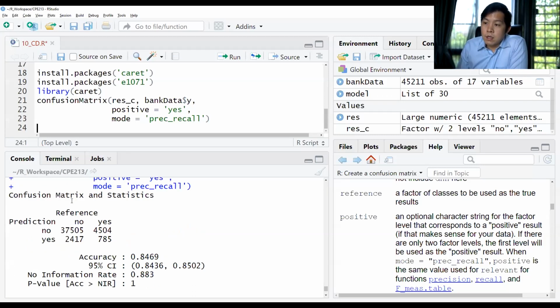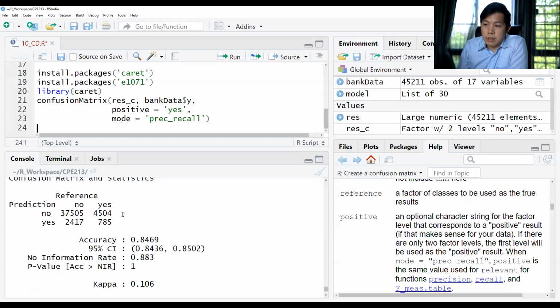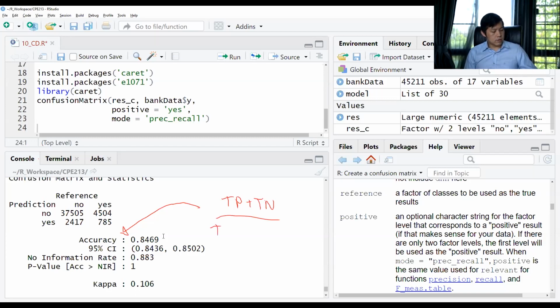For this one, you get the confusion matrix looking like this, and the accuracy. What is accuracy? This accuracy comes from true positive plus true negative divided by true positive plus true negative plus false positive plus false negative, or the total number of cases.